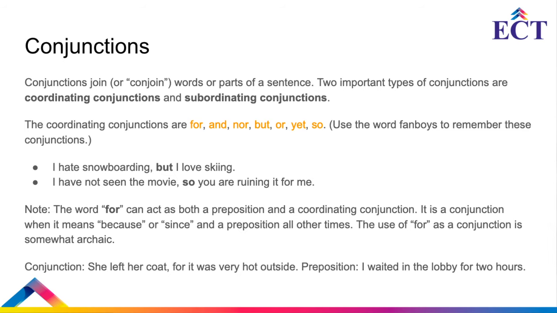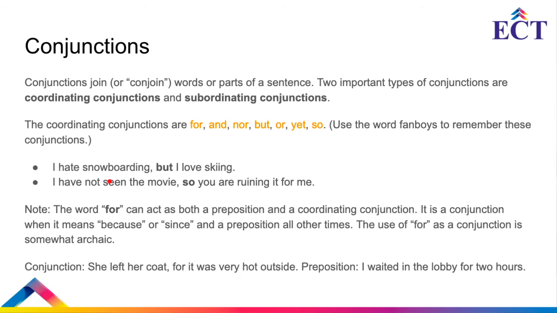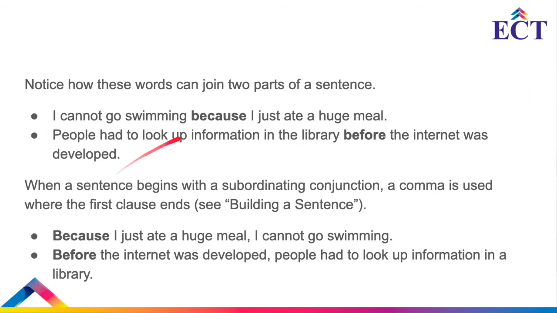So, for example, in this particular case, I cannot go swimming because I just ate a huge meal. One part is dependent on the other, so that is why because becomes a subordinating conjunction. In the next few slides we will differentiate this in a better way.